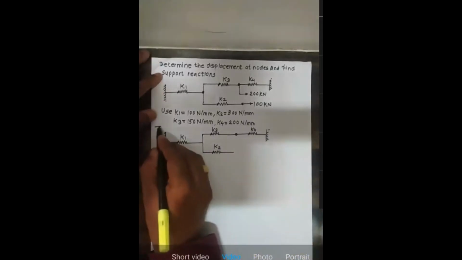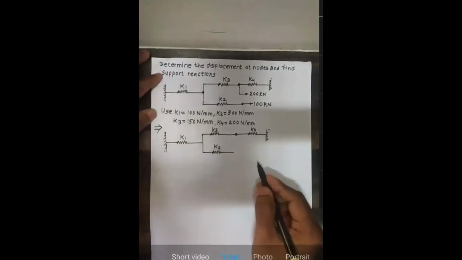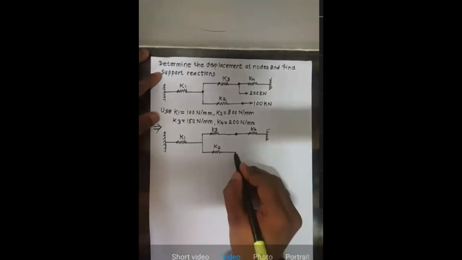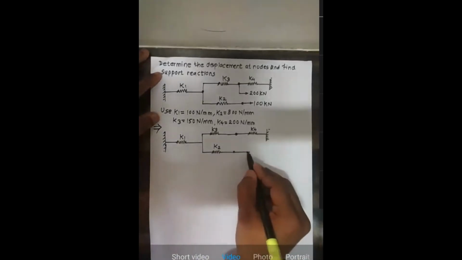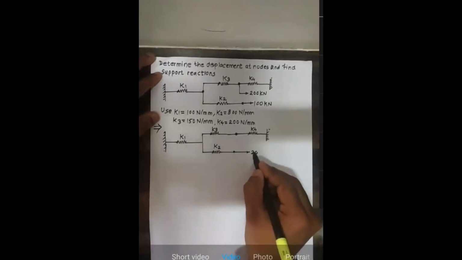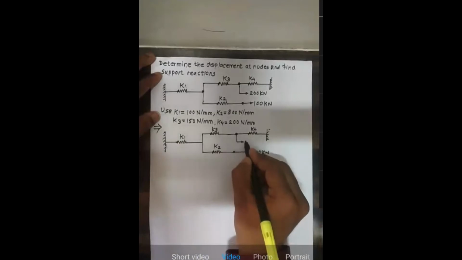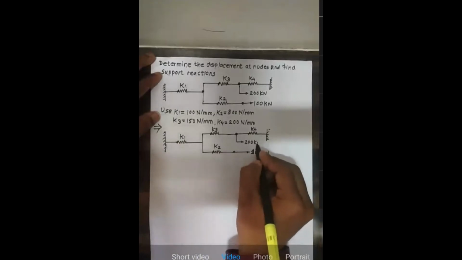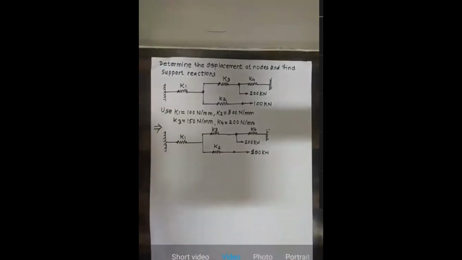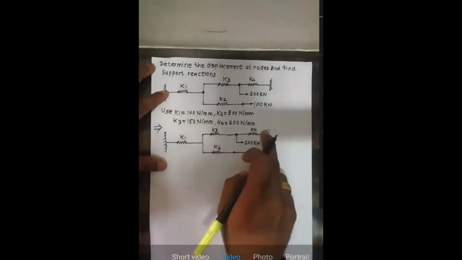At the free end of K2, we need to apply 100 kilonewton. Here we need to apply 200 kilonewton. Right? See, this has been already given in the problem. K1, K2, K3, K4, and these loads are given, right?